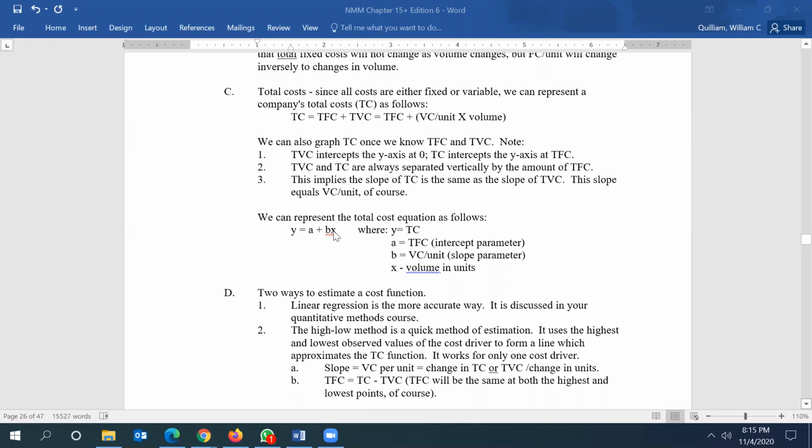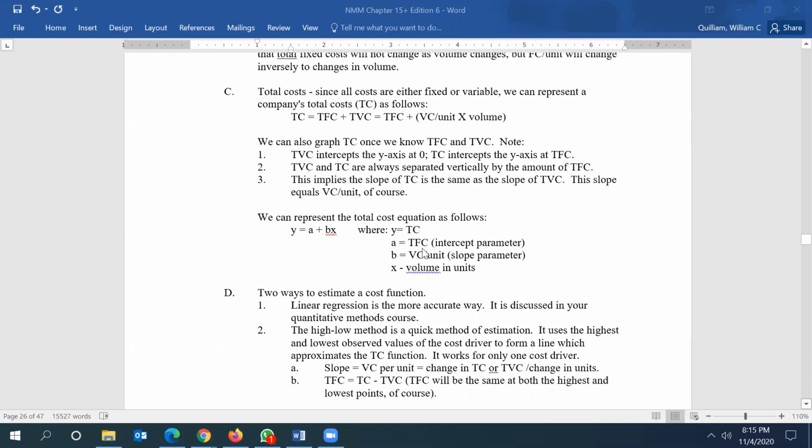Well, I've really represented that as the standard equation that we have seen in geometry and also in algebra, where y equals a, or depending upon your textbook, alpha, plus b or beta, or in some textbooks, m times x, where y equals total cost.